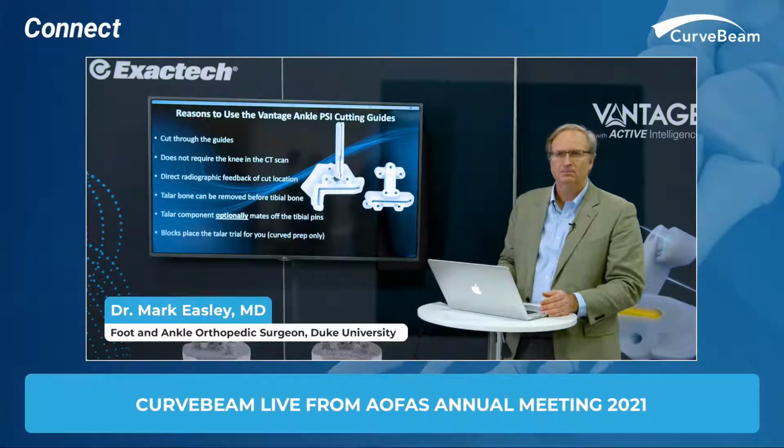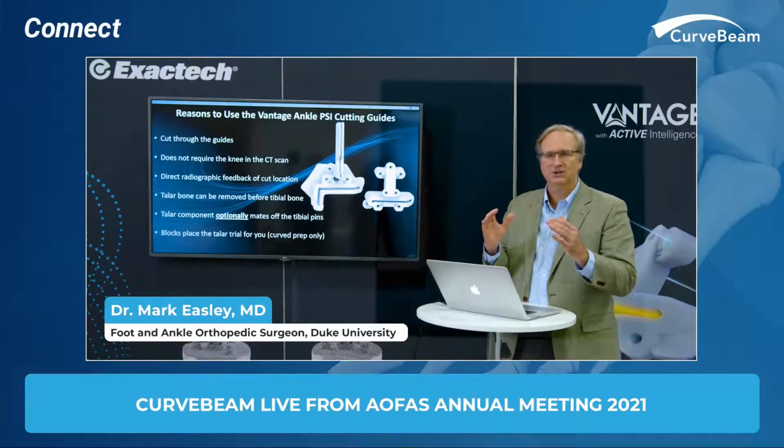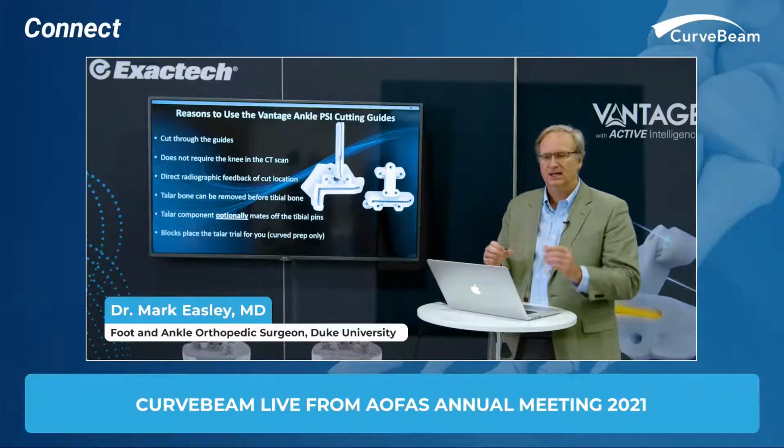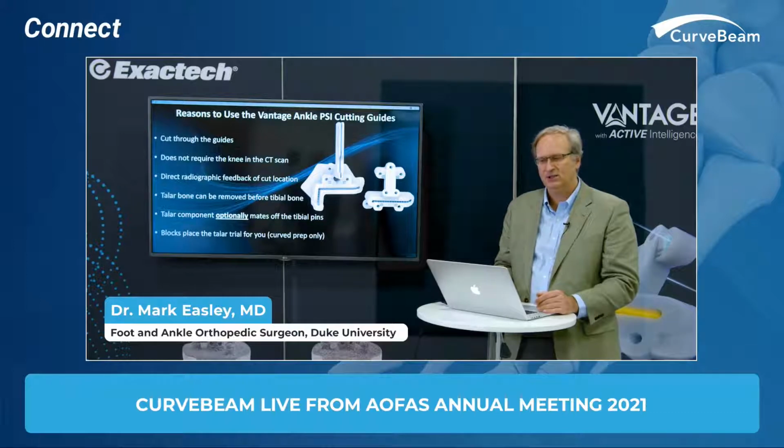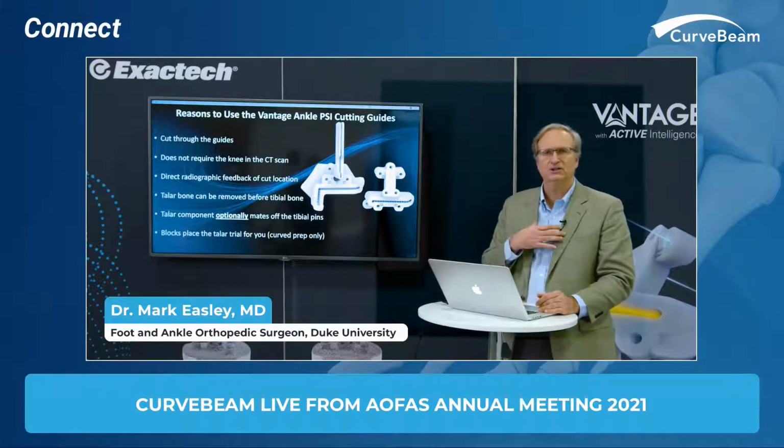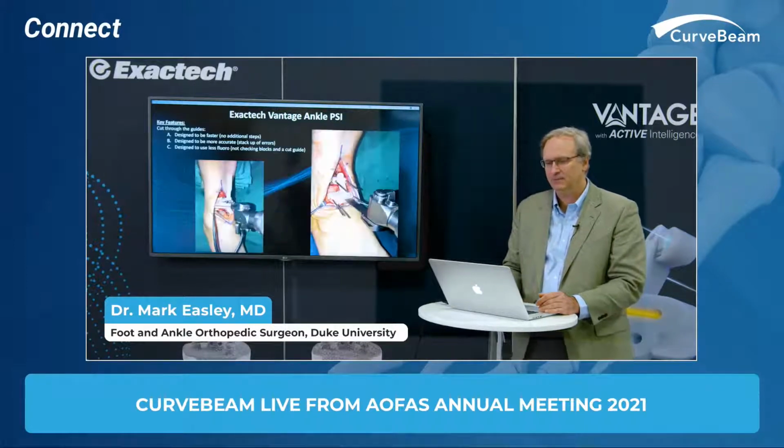We can prep everything from how the alignment's going to be, what the rotation is going to be, and also sizing, as I mentioned. It doesn't matter, in our system we have a curved talar component, we have a flat top, all this can be done and planned carefully.